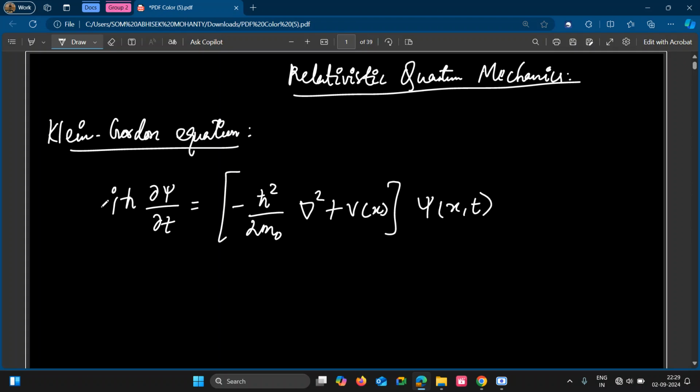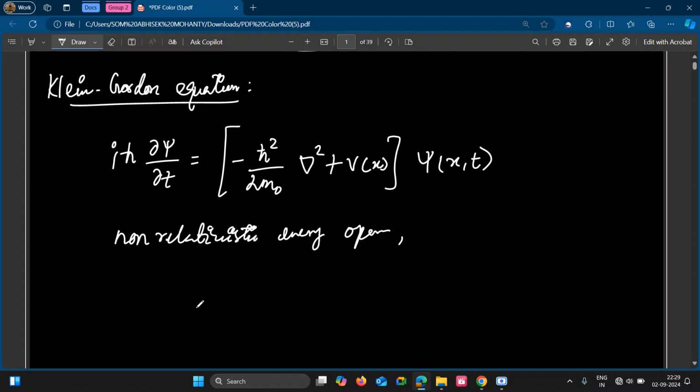Where E is the non-relativistic energy operator. That will be E cap, which is P square by 2m naught plus V(x).